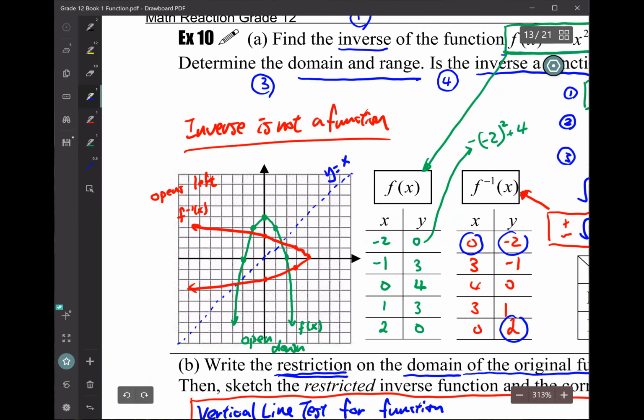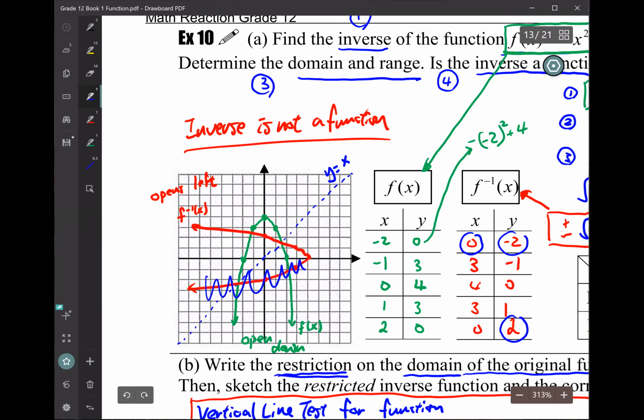You're welcome. So Trudy, my question is, you with me, Trudy? Mhm. My question is, for the red one, how can I make it into a function? How do I cut it so it becomes a function? You cut the bottom half off. Okay, so for example, like this way.